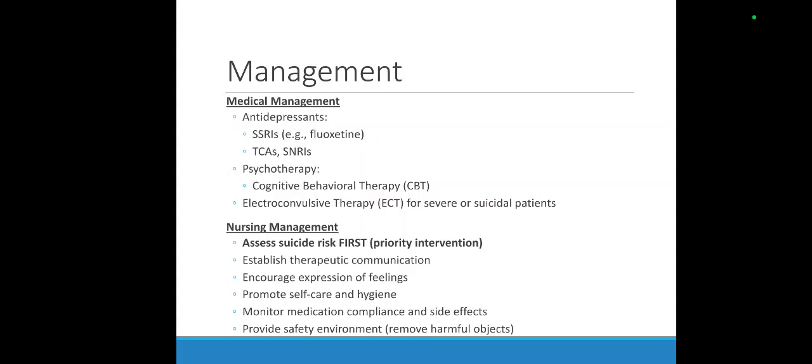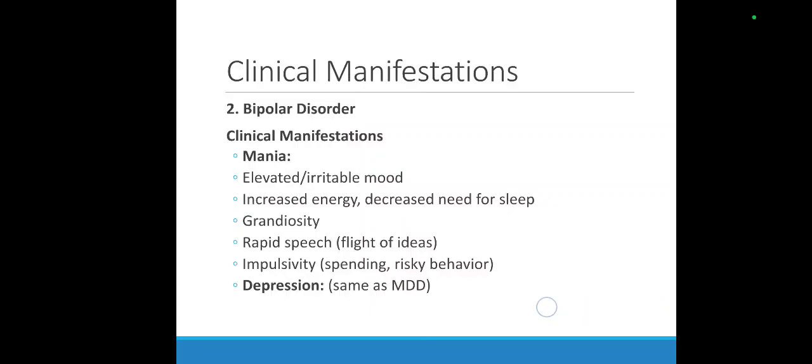And then establish therapeutic communication, encourage expression of feelings, promote self-care and hygiene, monitor medication compliance and side effects, and provide a safe environment, especially for those patients who have suicidal ideation. You will have to remove all things that could cause harm to the patient. So another type of your mood disorder, we have your bipolar.